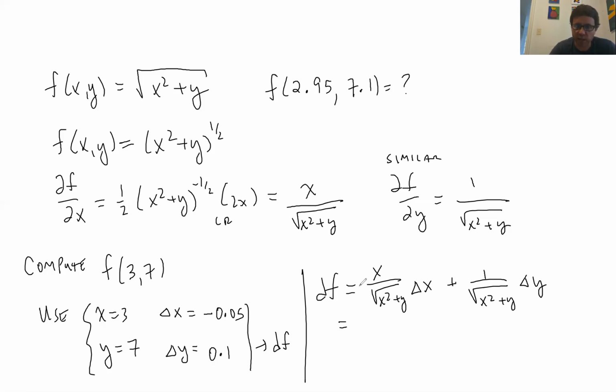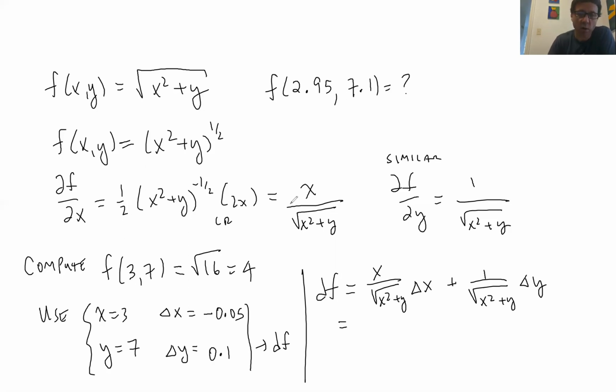So what do I get if I plug 3 and 7 into my original equation? This becomes 9 plus 7, so that's 16 under the square root. So I get the square root of 16, or just 4. I know the answer is going to be close to 4, but is it bigger than 4, or less than 4?